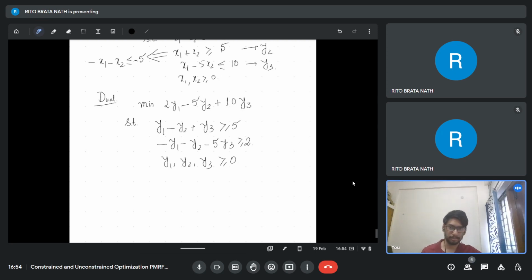So convert it into the standard form. That's the main idea.